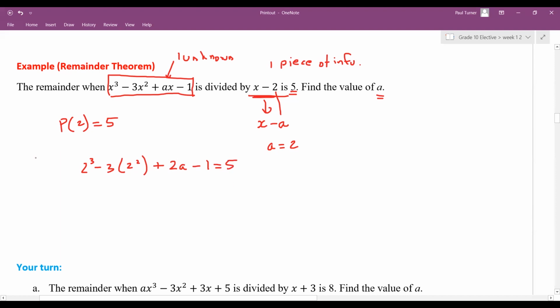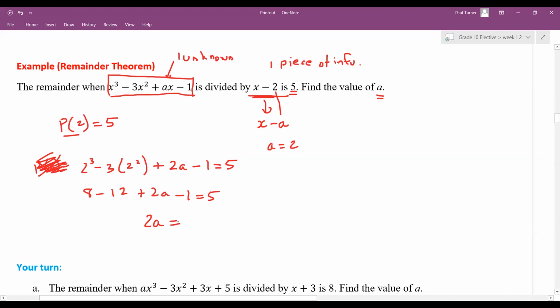So the P(2), which you would have written in here, is not needed anymore. Get rid of it. Now we can find a. So 2 cubed is 8, 2 2s are 4, 4 3s are 12, plus 2a minus 1 equals 5. Can you finish that one for me? What's 2a?